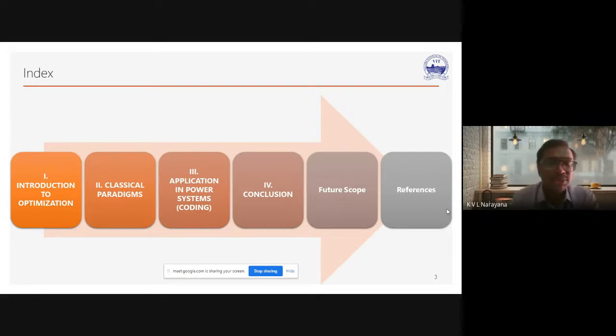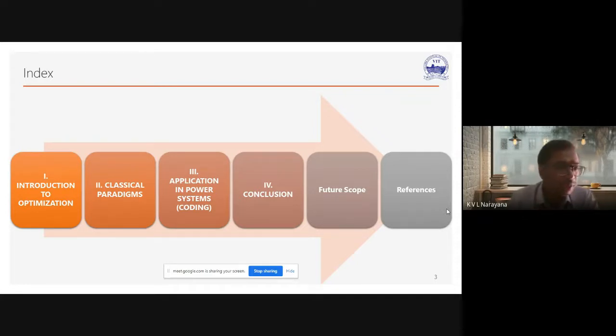So I won't take much time on the basics of optimization. I will rather cover one important real-world application in the power system: the IEEE 30 bus system. We will discuss in detail how to implement a MATLAB code for one metaheuristic optimization, social group optimization (SGO), and how it can be used to find a better solution for this power system. And later there will be a conclusion.